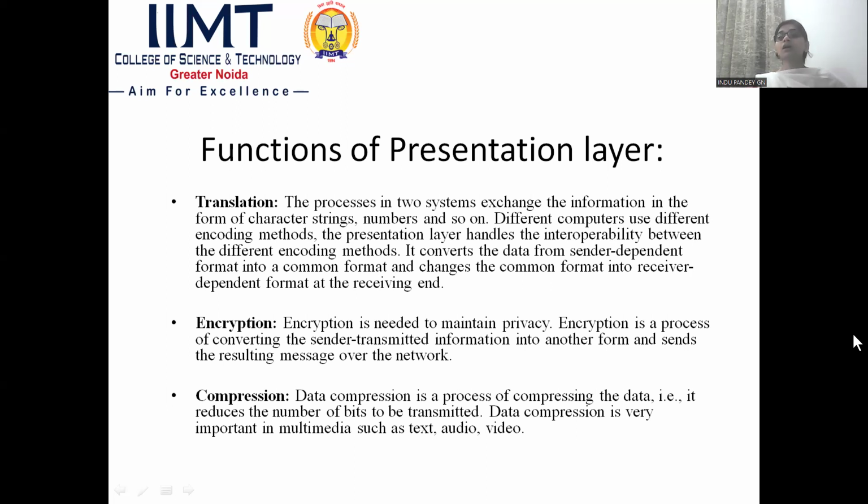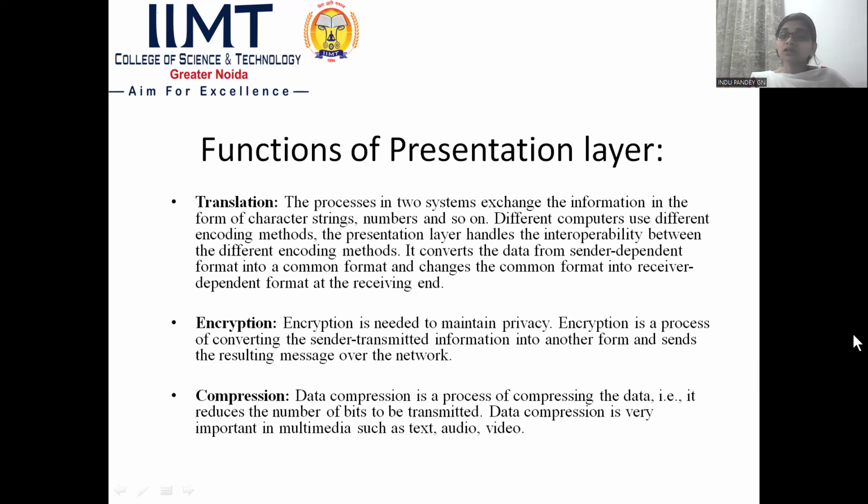This means that when the sender sends the data, the presentation layer ensures that the receiver can recognize whatever the sender has sent.